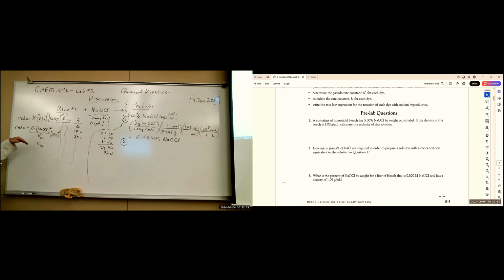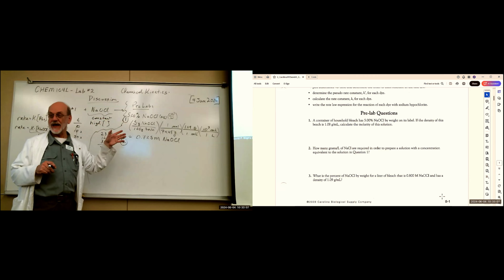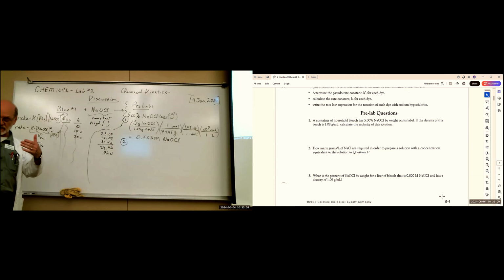So when we make our half-strength bleach, we add half of it as sodium chloride solution at this concentration, and the other half is the bleach, because that cuts the concentration in half. It's all about the ionic strength. They need to be equal.